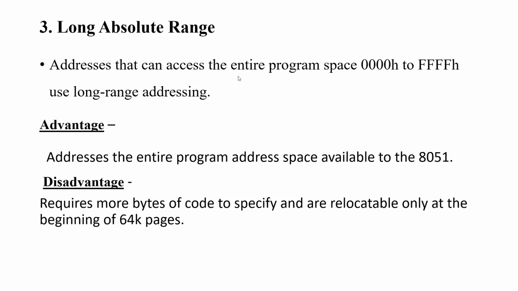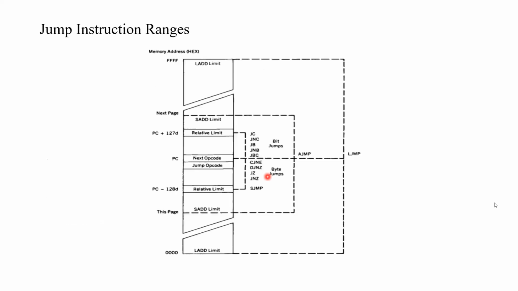This is about the different ranges that jump or call instructions can have. The first is relative, the second is short absolute, and the third is long absolute. We studied these ranges and their advantages and disadvantages. Now you can see all the jump instruction ranges in this diagram.